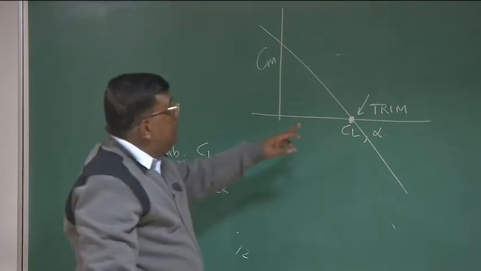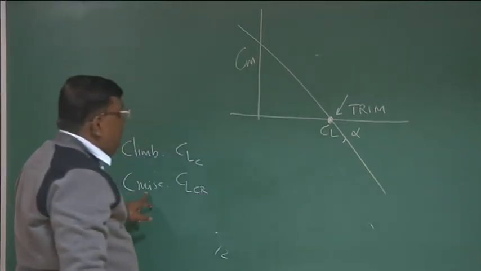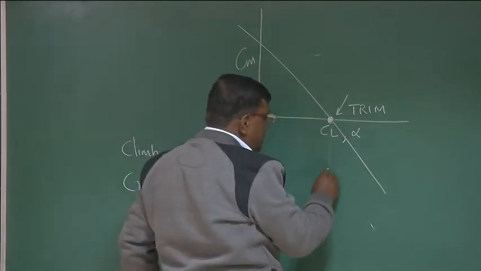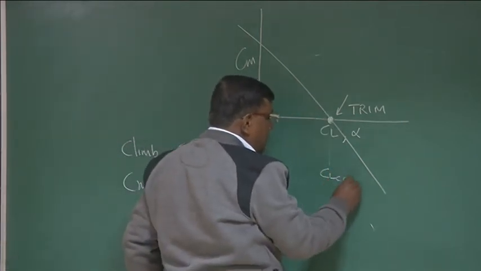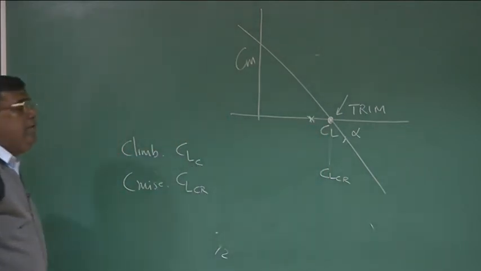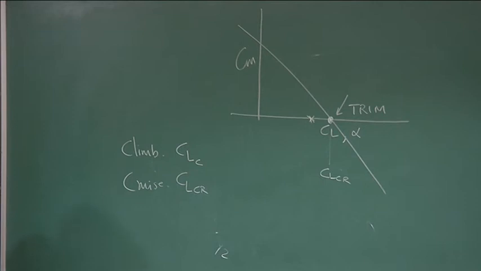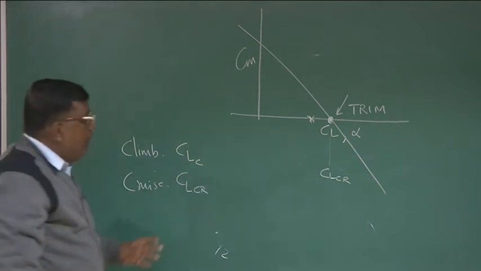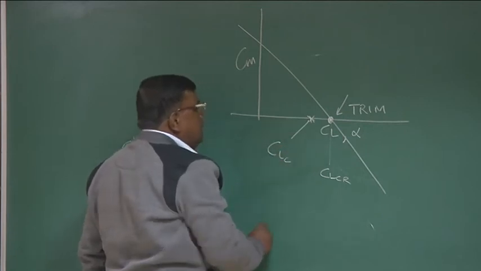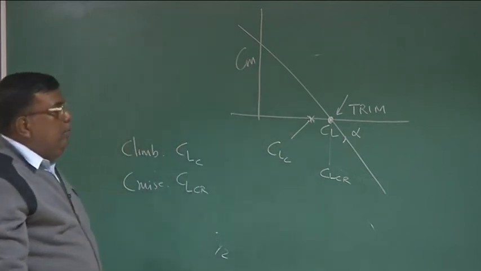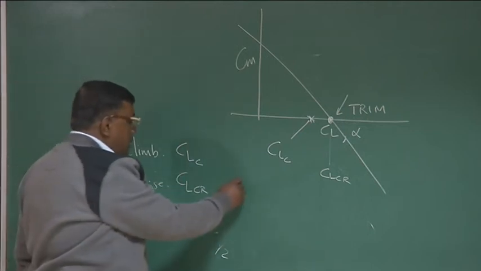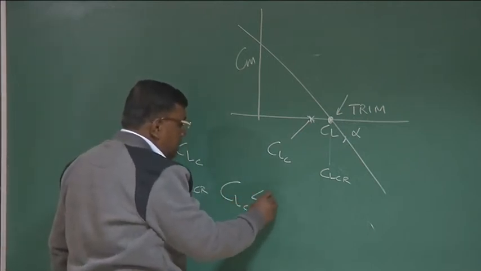If I am trimming the airplane for a cruise, and this is the point CL cruise, then for climb, I have to have a CL which should be less than CL cruise. Is it clear? Because CL climb, if I write CLC, is nothing but W by half rho V square S into cos gamma, and we have seen CLC is less than CL cruise.